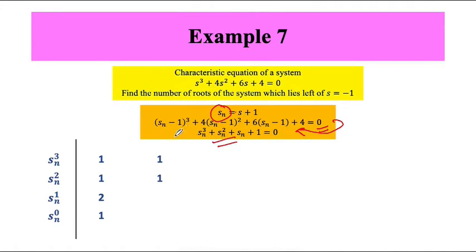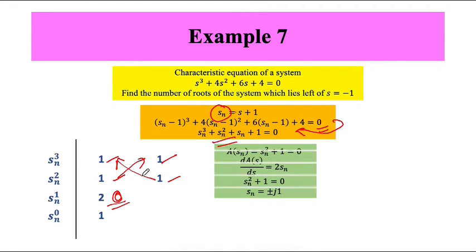I am writing its coefficients 1, then 1, then 1 and 1, because all the coefficients are 1. So for the first column, if I calculate, it will be 1 minus 1, this will be 0. So this row is 0, so it will give me the auxiliary equation.